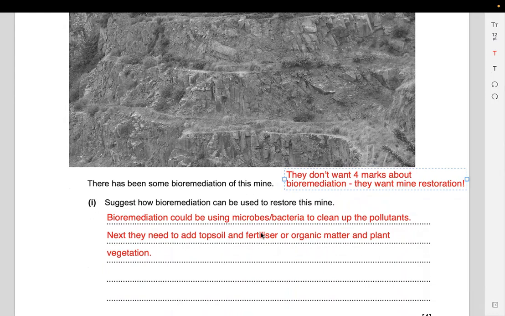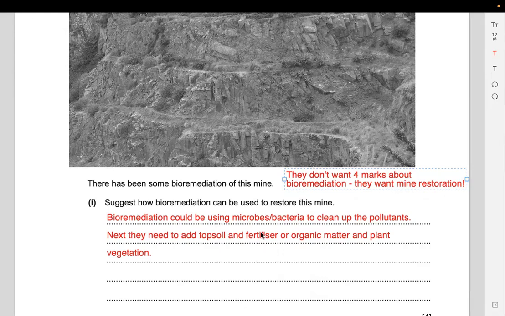You can have bioremediation where you plant plants into the ground and they draw the toxins up into their roots and into their leaves, and then you cut them down. That's another way, but it's not going to be 4 marks. So I'm racking my brains thinking, how on earth can that be 4 marks?